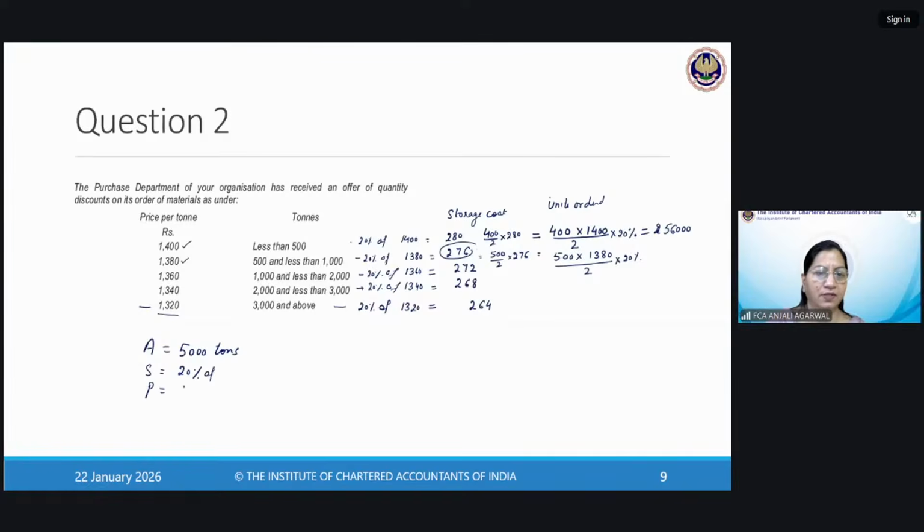Cost of placing an order is 1,200. So we will use the tabular method here because we have successive discounts also. And we will not start with 1 order, 2 order, 3 order. We will start from quantity here because we'll take some figure less than 500, then 500, 1,000, 2,000, and 3,000.